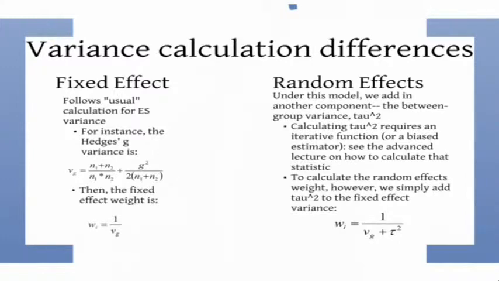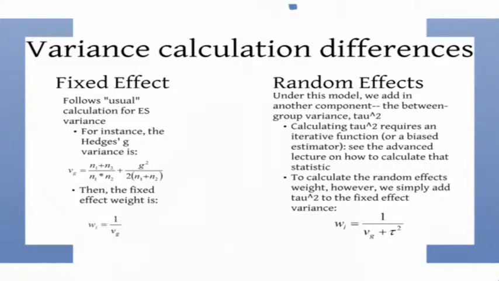Okay? If we're going to use a random effects model, we have this term in here, tau squared. And tau squared is a little bit of a bugger because it's difficult to calculate. And it's a long equation. And it's something that's a little bit outside of the scope of an introduction to meta-analysis class.